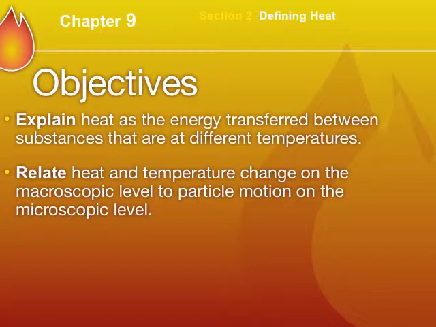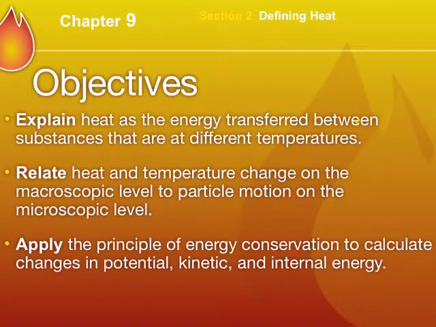Well, because now we want to look at it from a physical thermodynamic standpoint. Now we're not going to just be using chemical reactions to make this stuff happen. We're just going to do it physically. Okay, we're also going to apply the principle of energy conservation to calculate changes in potential, kinetic, and internal energy. It's this whole idea of internal energy and creating heat pumps that really make a big difference. That's what we're going to see.